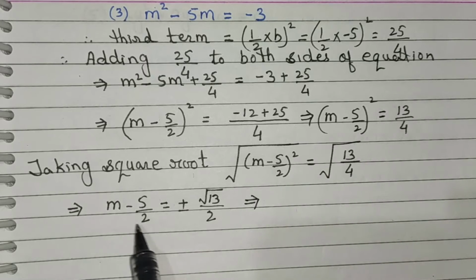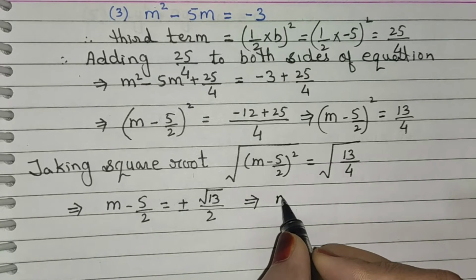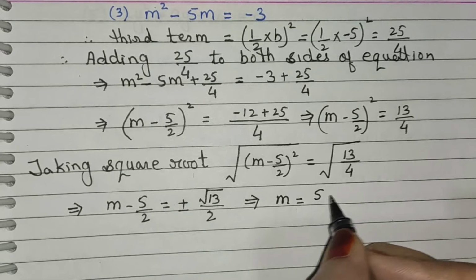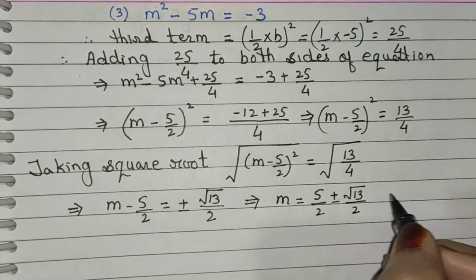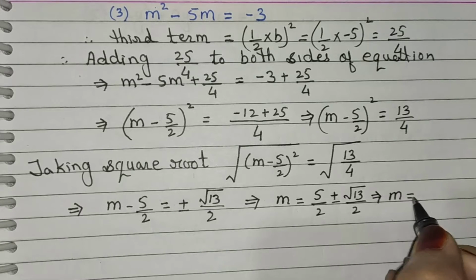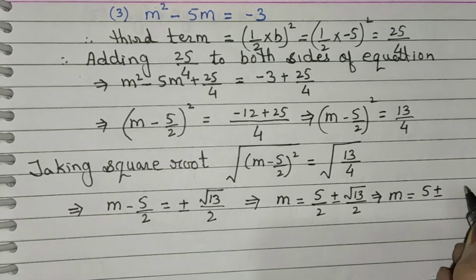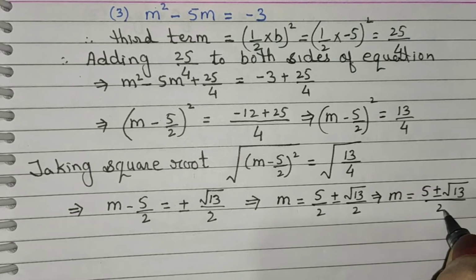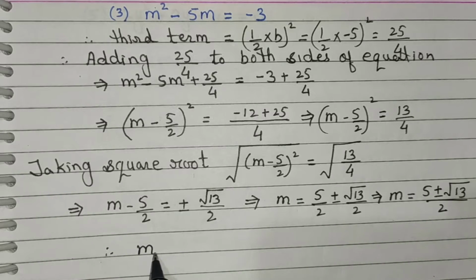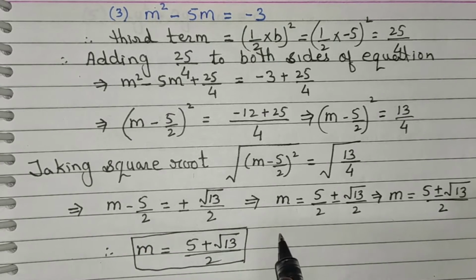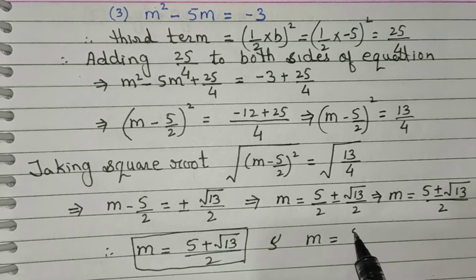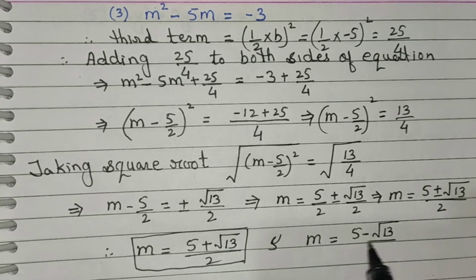Now minus 5 upon 2 shifting to the right hand side, we get 5 upon 2 plus minus root 13 upon 2. It can be written as m is equal to 5 plus minus root 13 upon 2. Now we get the value of m is equal to 5 plus root 13 upon 2 and m is equal to 5 minus root 13 upon 2.